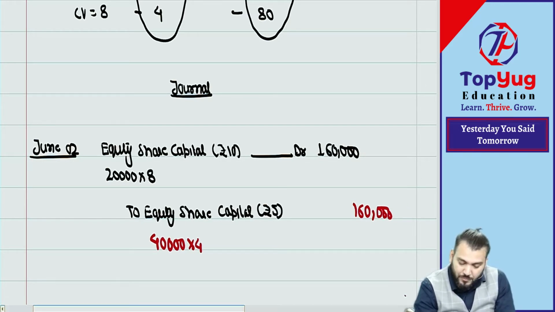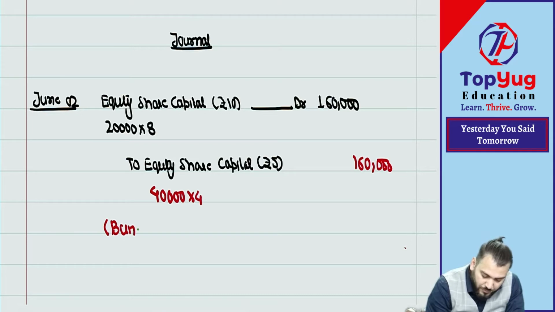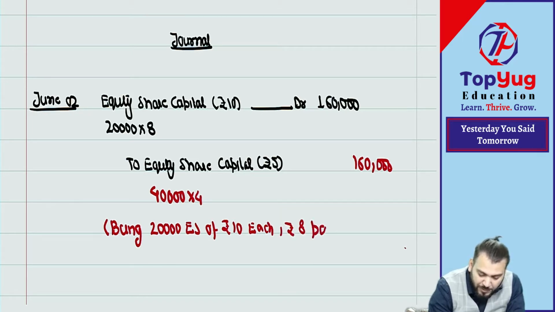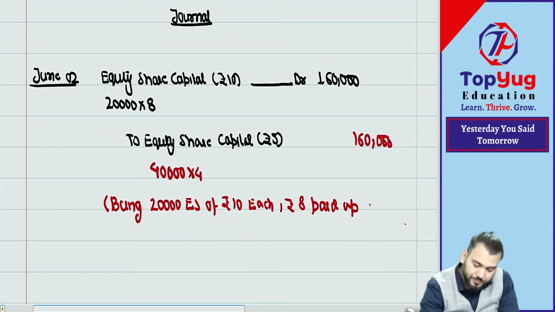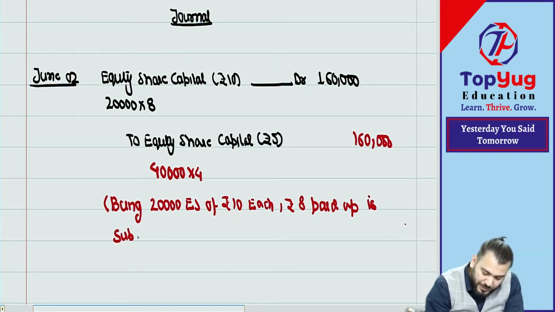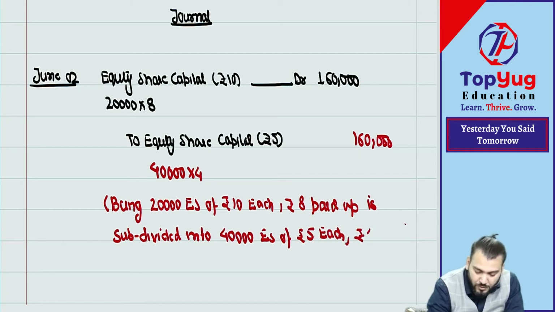Got it? Have you understood this point? We write down the narration: being 20,000 equity shares of rupees 10 each, rupees 8 paid up, is subdivided into 40,000 equity shares of rupees 5 each, rupees 4 paid up.